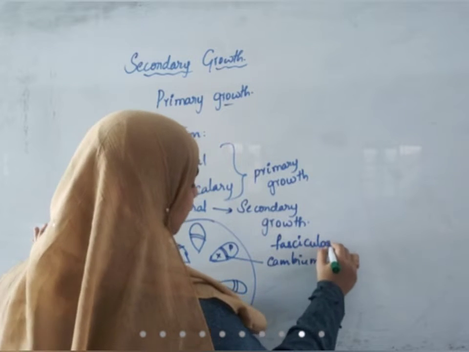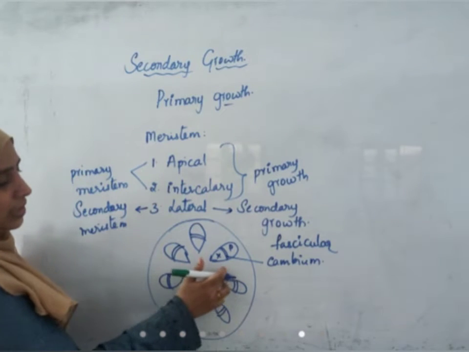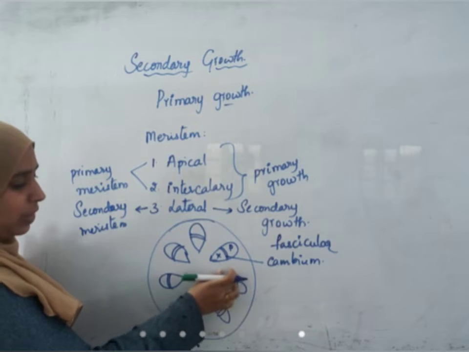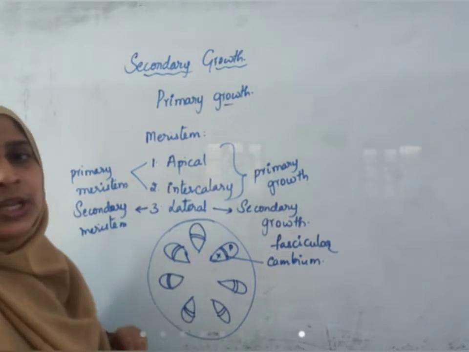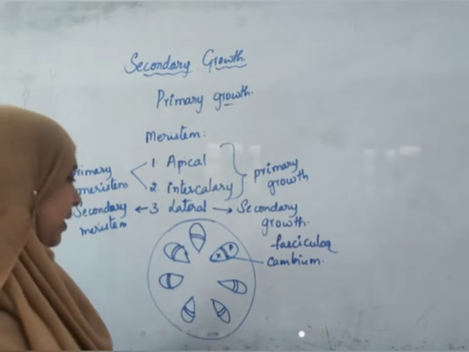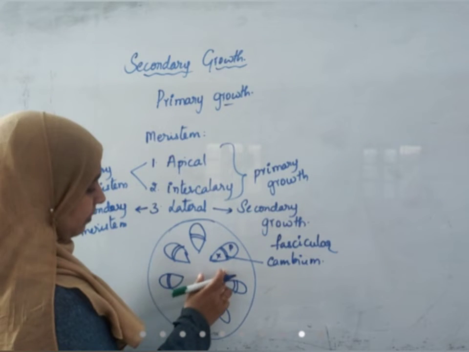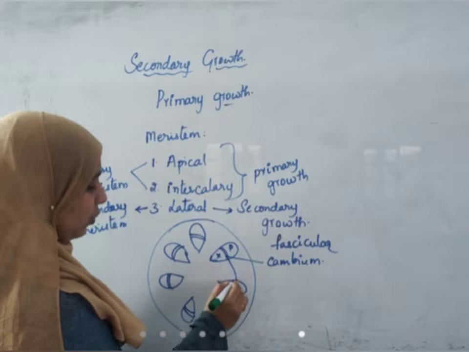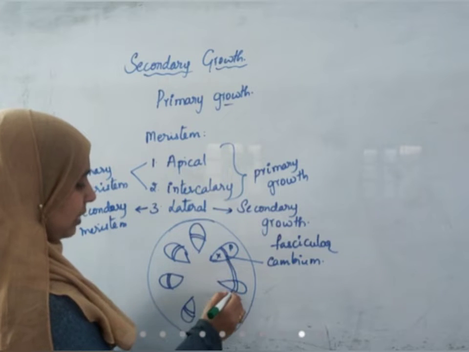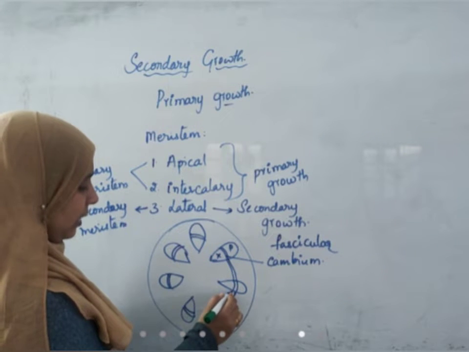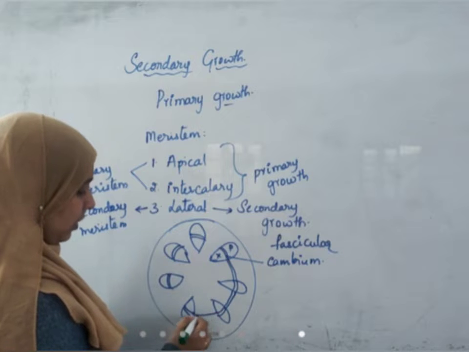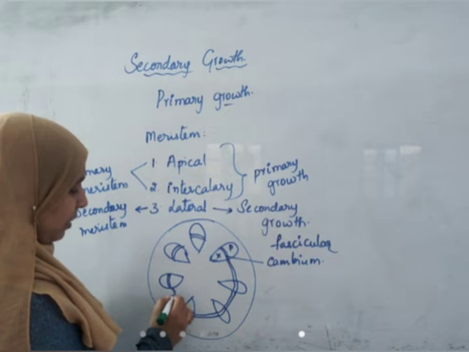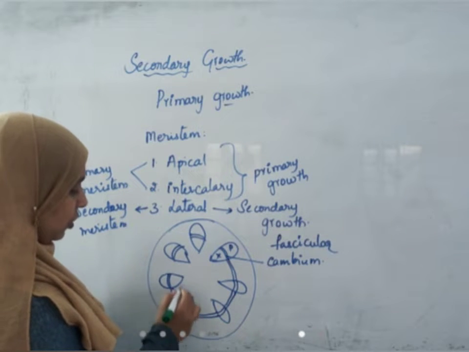Fascicular cambium. These are medullary rays. So between xylem and phloem, whatever parenchyma tissue is present is called medullary rays. We have discussed this in the dicot stem. In the medullary rays, this cambium tissue will grow like this. First it is formed between xylem and phloem. Later it grows between the xylem and phloem in the medullary rays region.